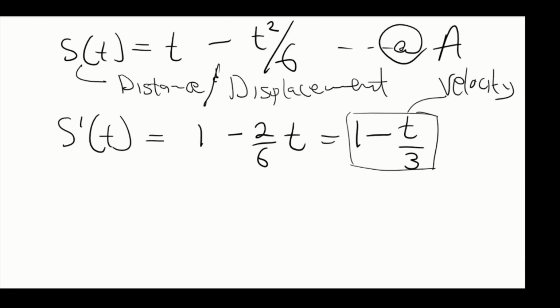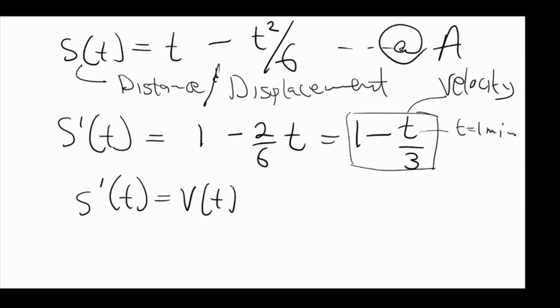So we need to substitute t, which we're given as 1 minute. So s'(t), which is the same as v(t), is equal to 1 minus, instead of writing t, you write 1 minute divided by 3.